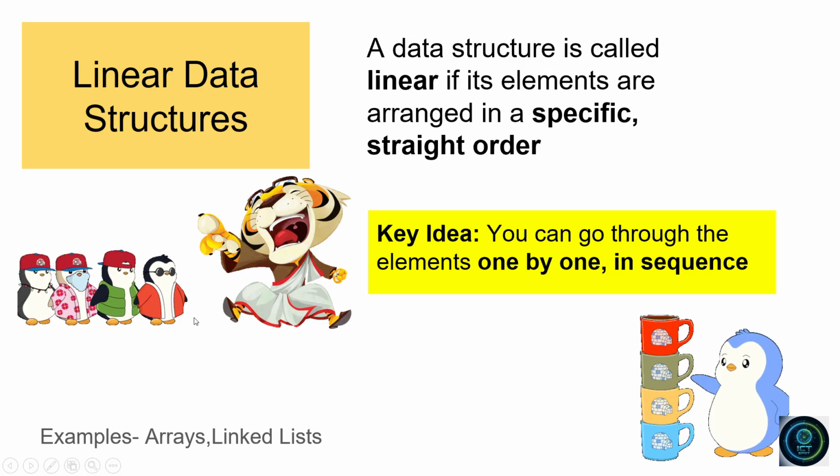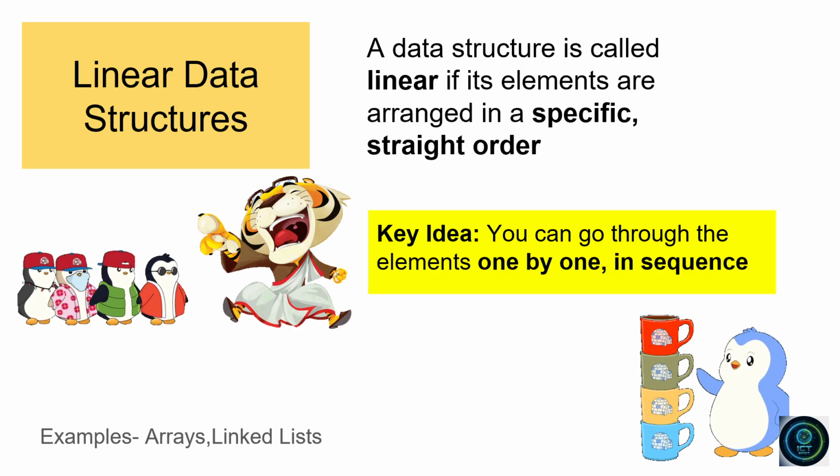Assume it like this. The tiger cannot access the middle ones first. It definitely has to access the first one first, then the next one, then the third one, then the fourth one, like that. Or else the tiger can access the last one first, then the next one, and the next one, likewise.